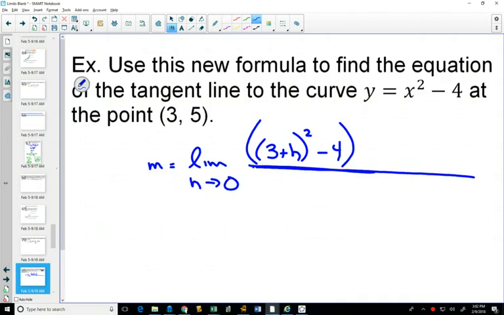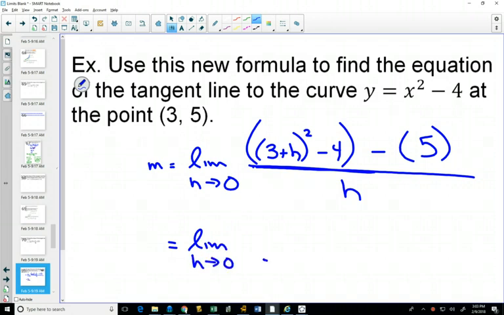Minus f of a, all over h. So a little bit more I find in this one. A little bit more algebra to do.